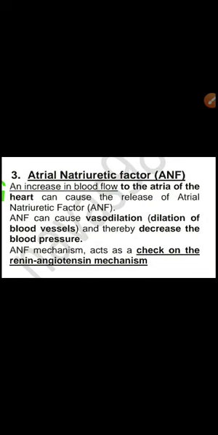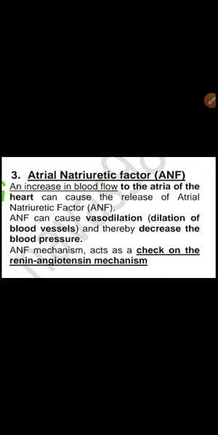So when blood pressure is high, more urine is formed, and to check that, ANF is released, and by the release of ANF, urine formation gets decreased, and thereby a fall in GFR takes place. So this ANF mechanism is just opposite to the RAS.